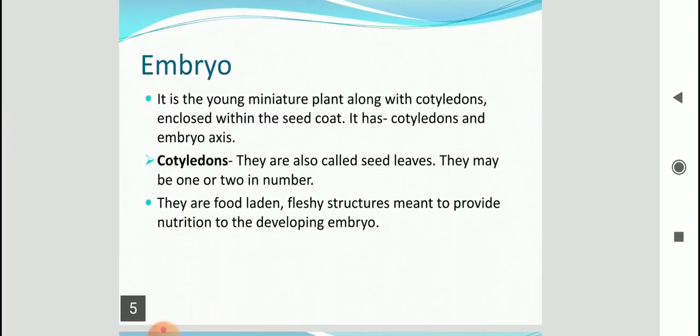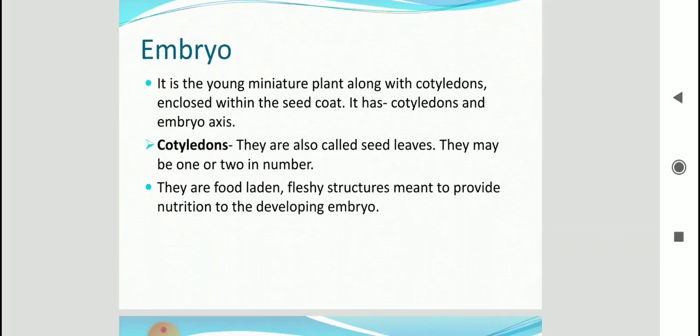Now we move on to embryo. Embryo is the young miniature plant along with cotyledons enclosed within the seed coat. Now inside the seed coat is the embryo, and embryo has cotyledons plus we'll study embryo axis.